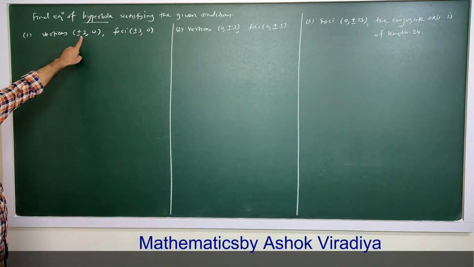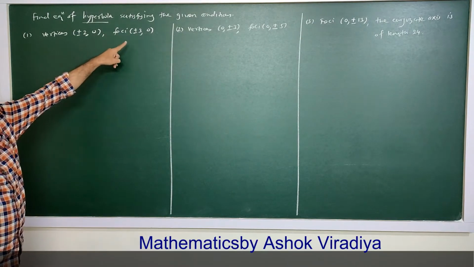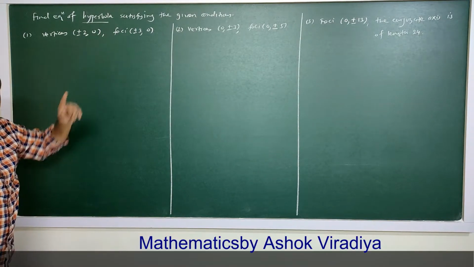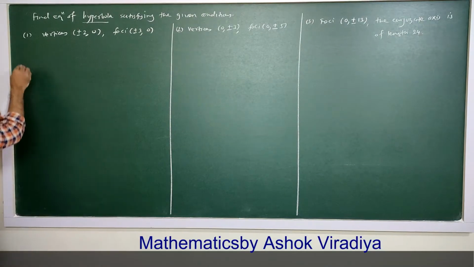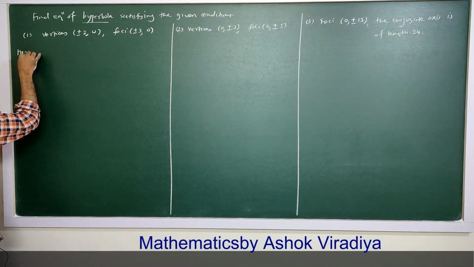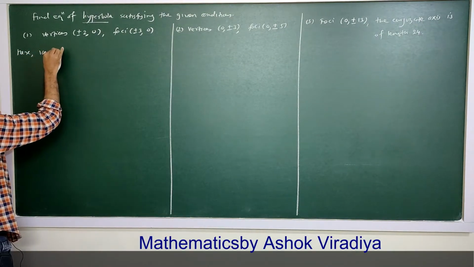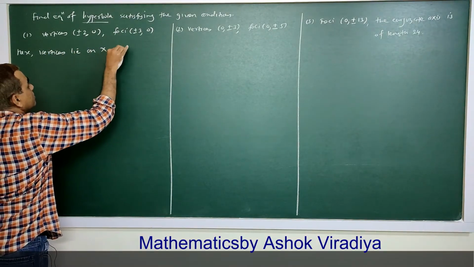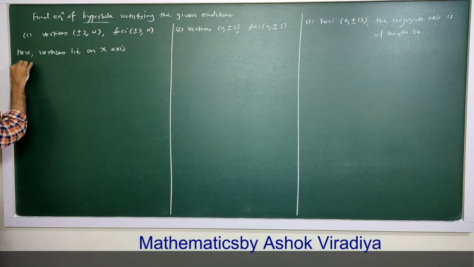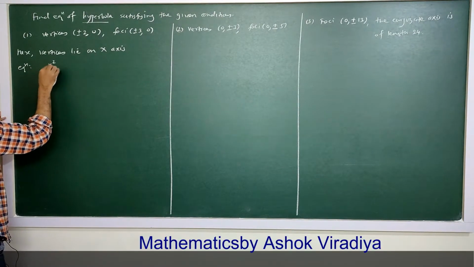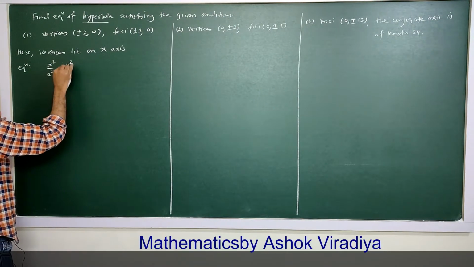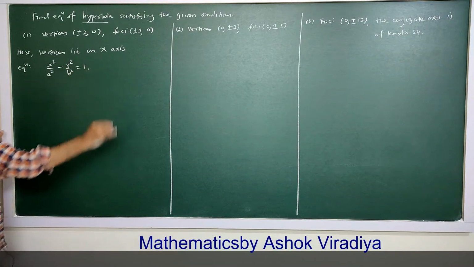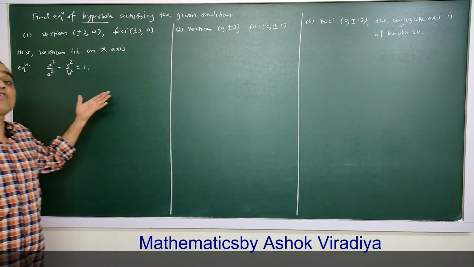Here vertices and foci lie on x-axis. Therefore, equation of hyperbola will be x square upon a square minus y square upon b square is 1. This will be the pattern of equation.